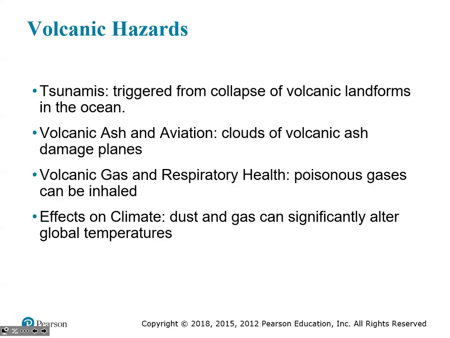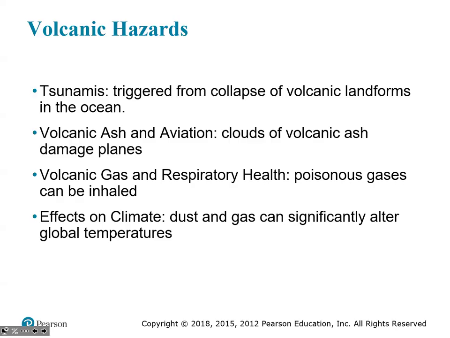The volcanic ash that's generated is really bad for aviation. So you may have seen these things where when the volcanoes in Iceland get more active, planes get grounded across Europe.